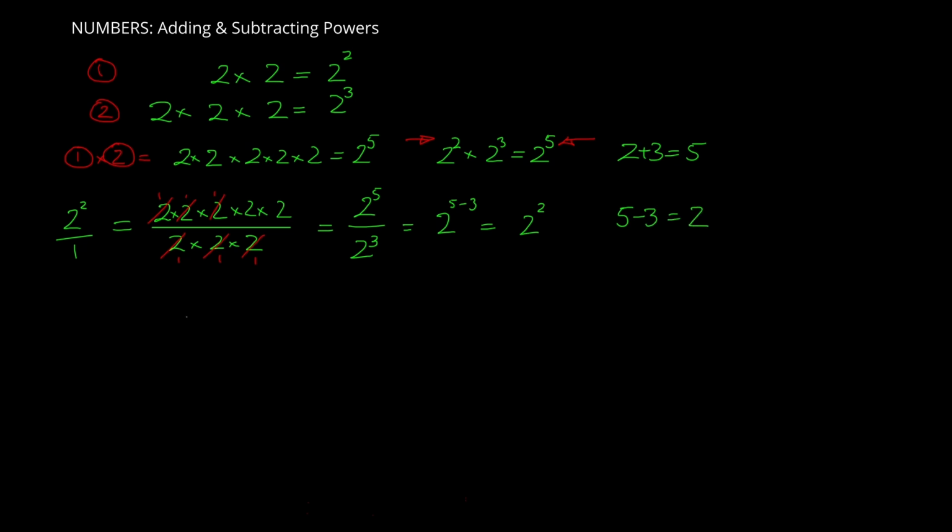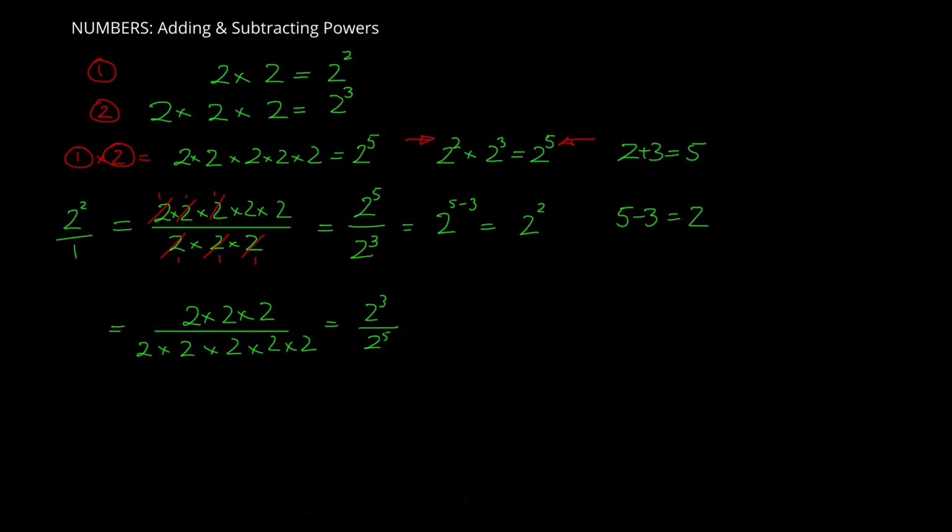Let's turn this upside down and see what happens. Okay, so I've got 3 2's on the top, 2 times 2 times 2, and I'm dividing that by 5 of them. What we're doing is 2 to the power 3 and dividing it by 2 to the power 5. Well, again, on the left-hand side of that equal sign, let's do some cancelling.